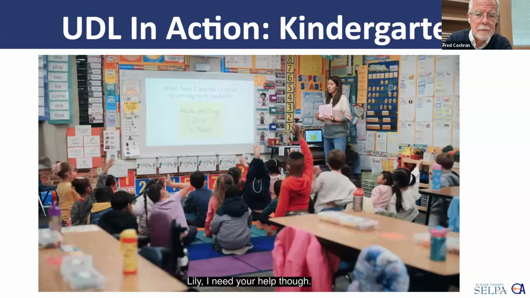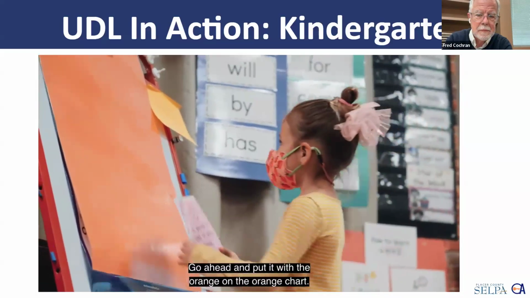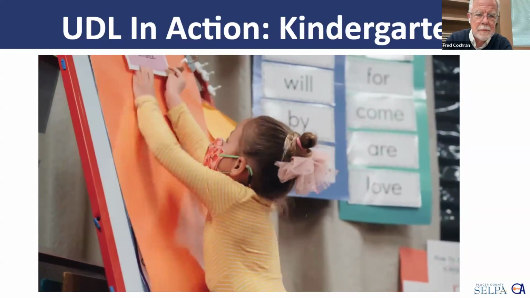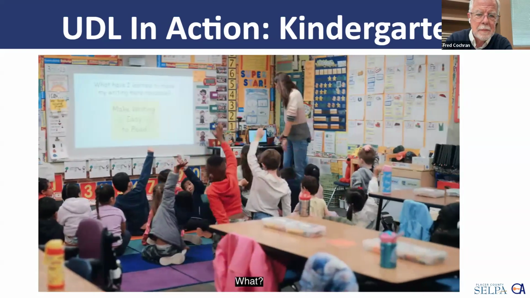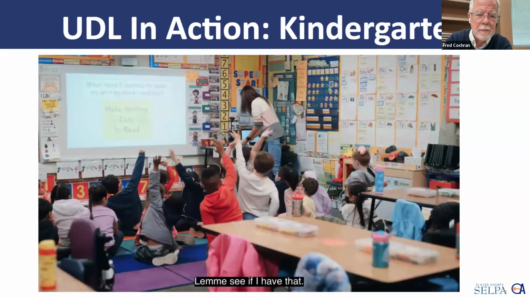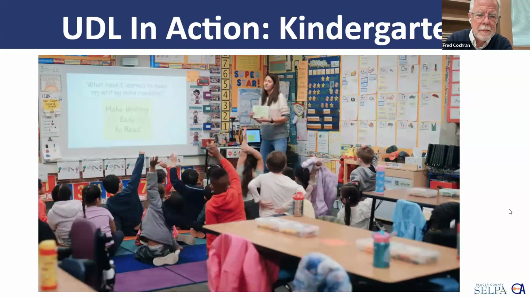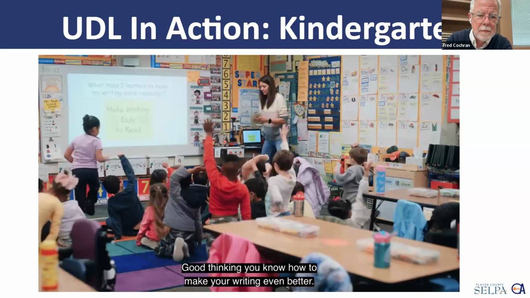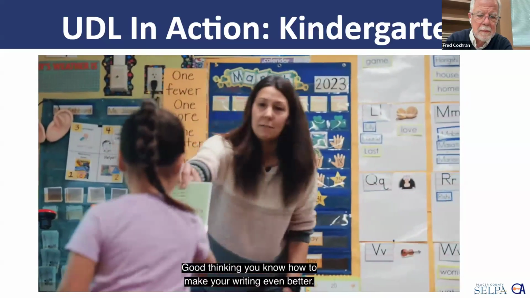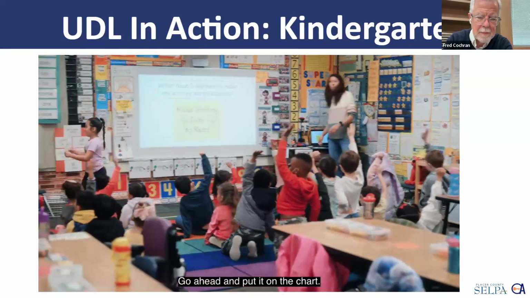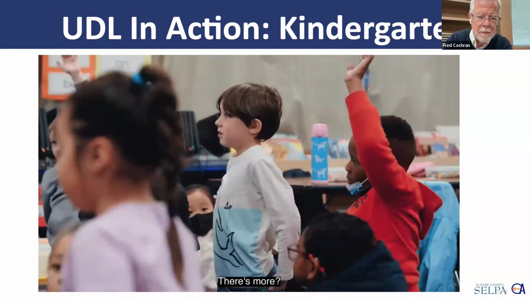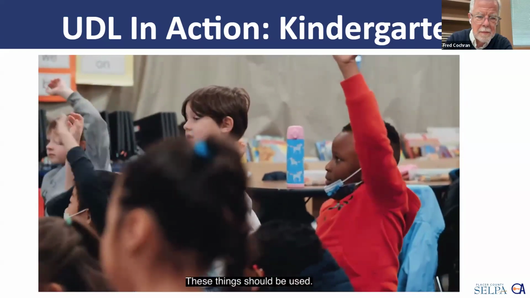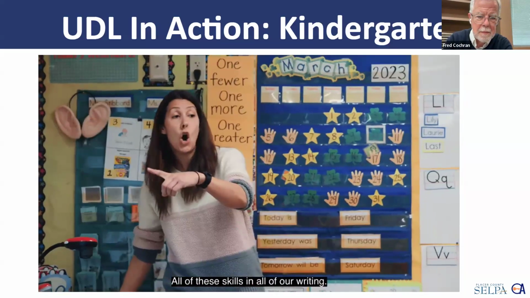I need your help, though. Go ahead and put it with the orange on the orange chart. What? Uppercase letters? Let me see if I have that. Capital letters. Andrea, come on up. Good thinking. You know how to make your writing even better. Go ahead and put it on the chart. There's more? These things should be used, all of these skills, in all of our writing.